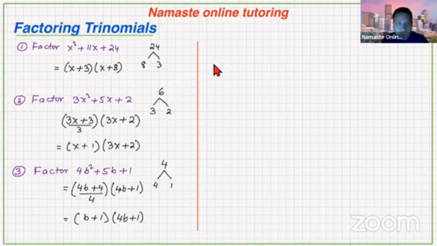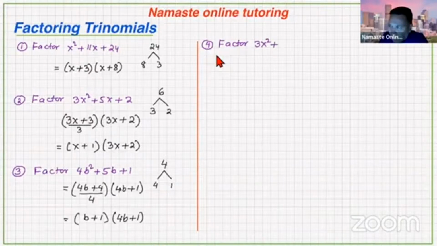So that is 3. Now let's see number 4. Suppose in number 4, we have a question: factor 3x squared plus 22x plus 7. So now you know the technique. First, we multiply 3 and 7, so that would be 21.